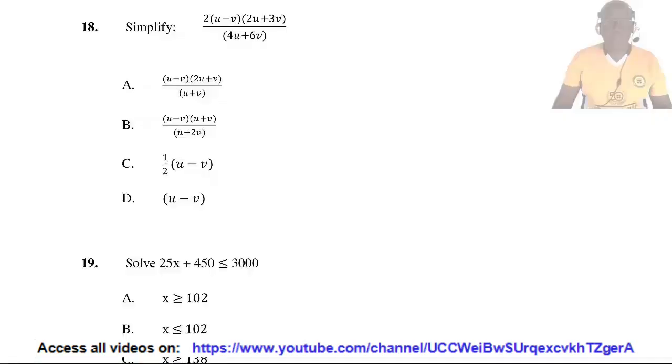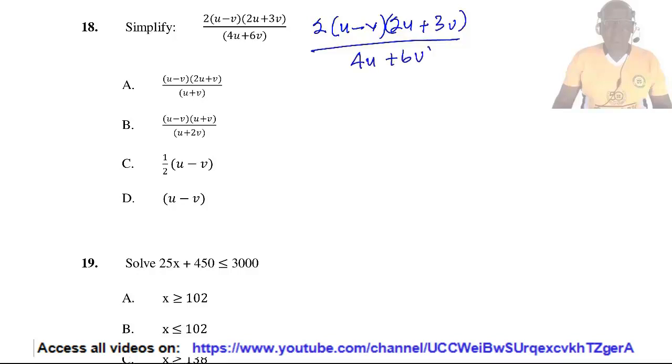Question 18. Simplify 2 times into brackets U minus V times into brackets 2U plus 3V divided by into brackets 4U plus 6V. That is 2 into brackets U minus V, 2U plus 3V all over 4U plus 6V.